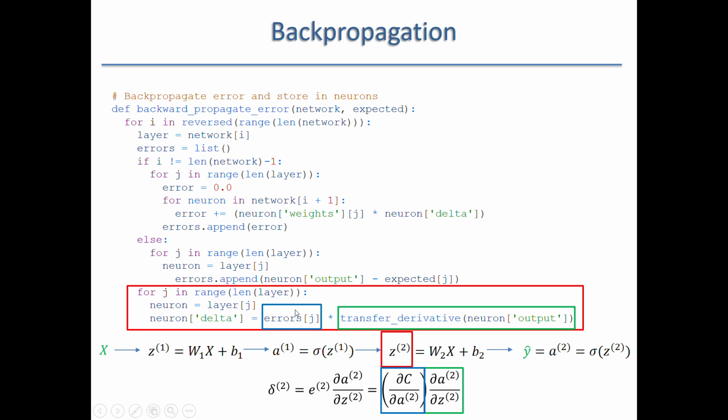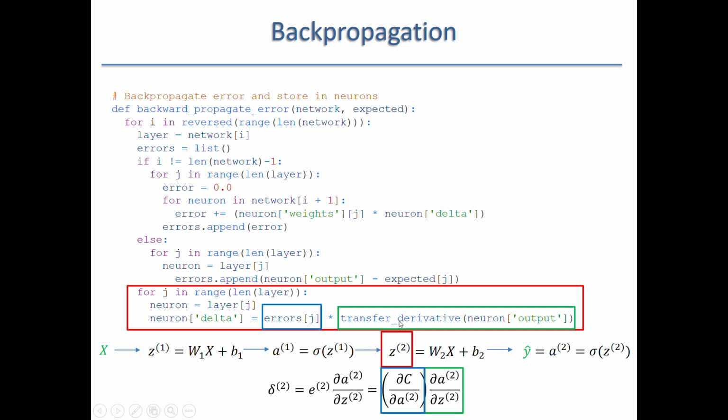So it is errors times the derivative of A with respect to the output, to the Z. So this is Z, the neuron output, and then we are computing the derivative of A with respect to Z. So this term is this one, this term is this one, and we are computing neuron delta, that is the derivative of the cost with respect to Z2.